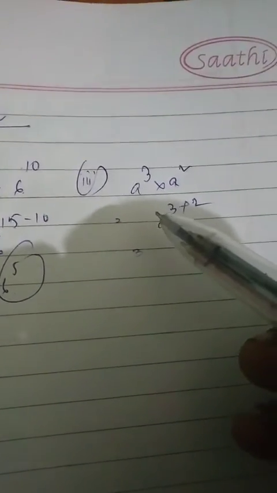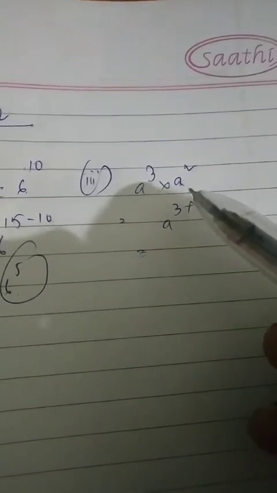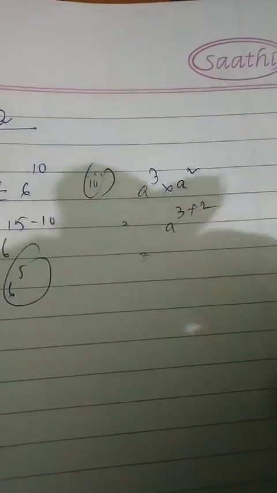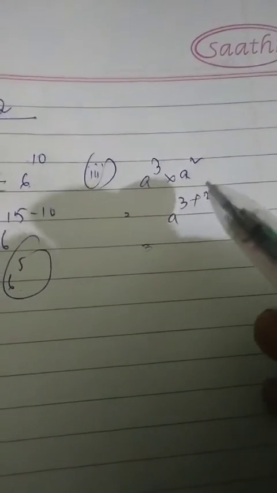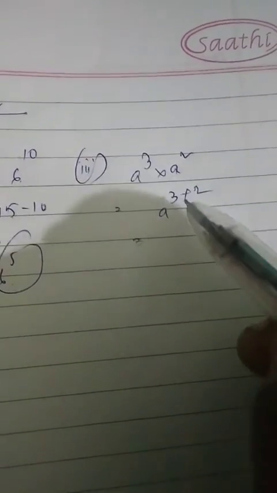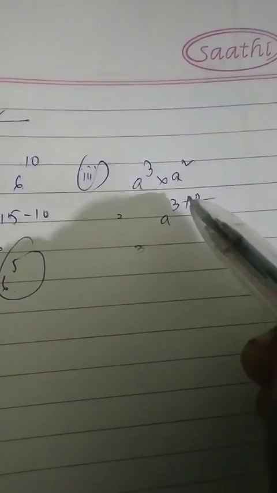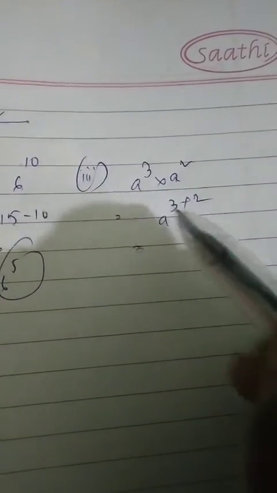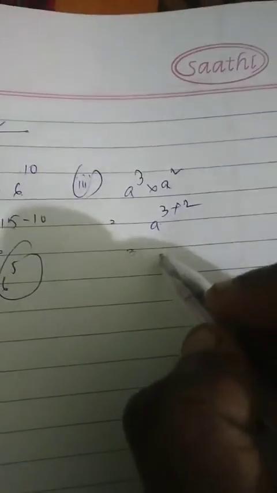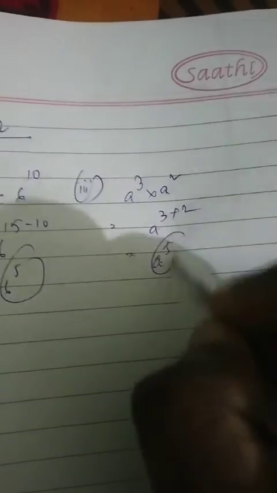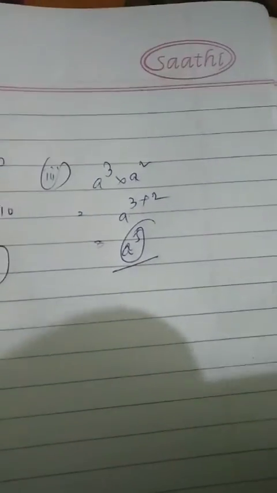In this particular question, it's given in the form of a variable, so there is no problem as such. We will just follow the rule and add the powers, as the powers are 3 and 2 and they have the base a. The base will remain a and the powers will be added. 3 plus 2 is equal to 5. The answer is a to the power 5.